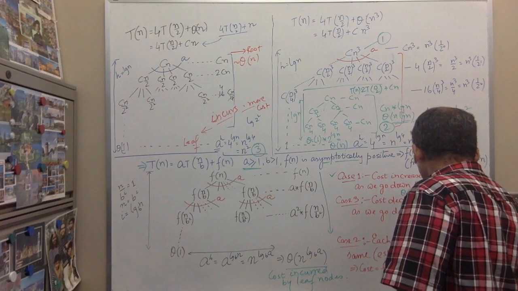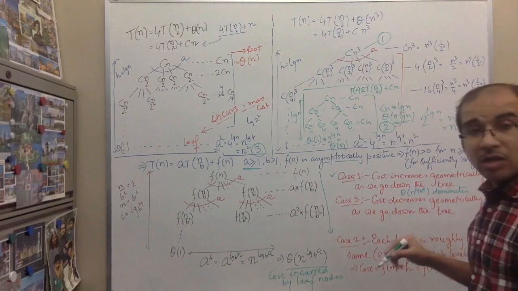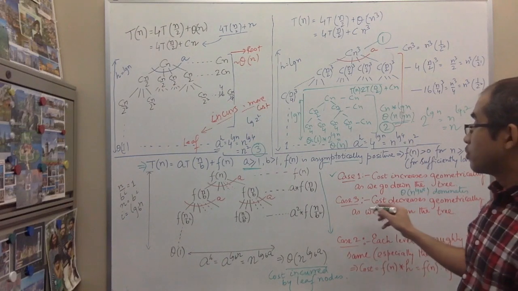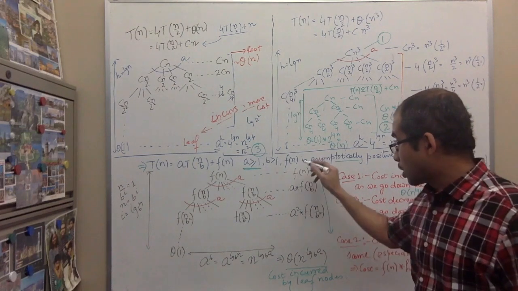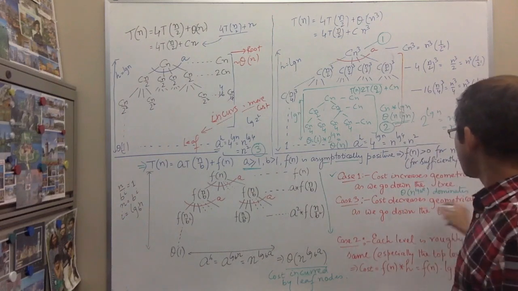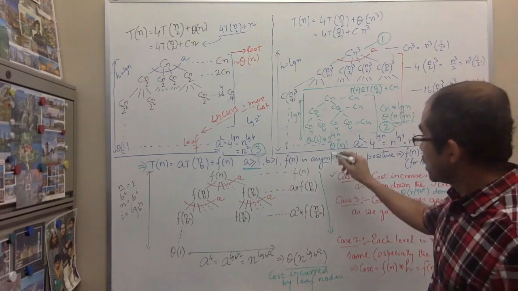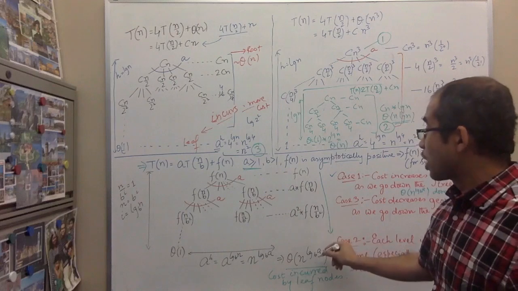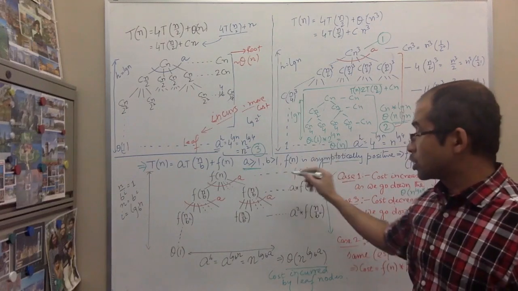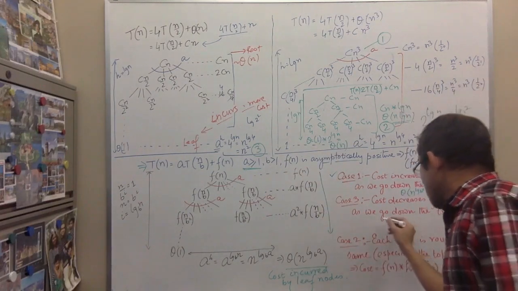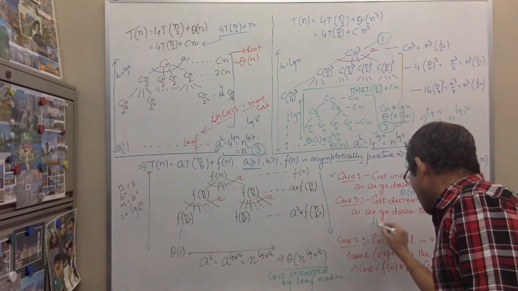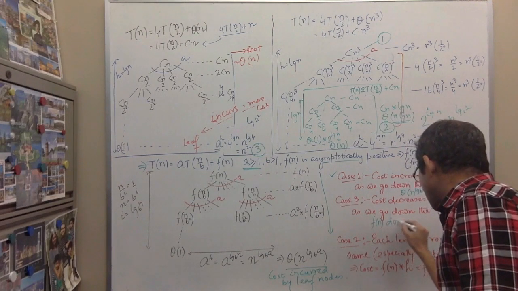Now consider the other case, case 3, where the cost decreases geometrically as we go down the tree. That means the root has more contribution than the leaves. So here f(n) dominates.